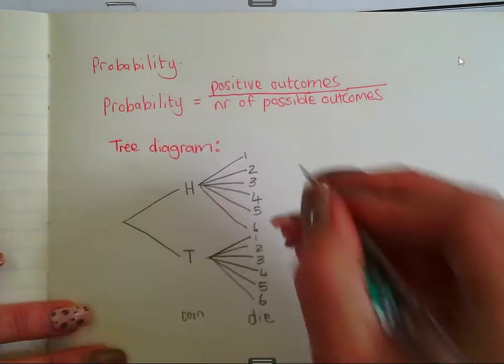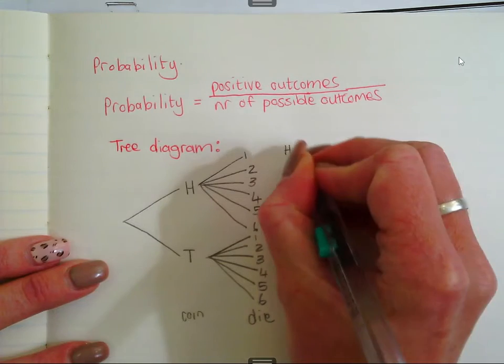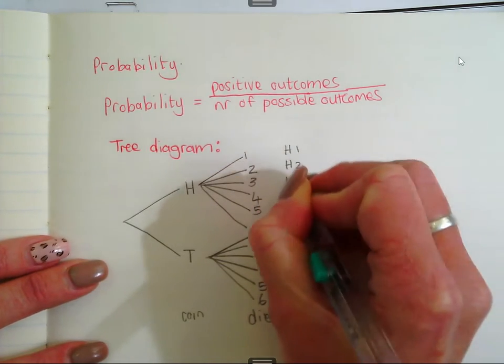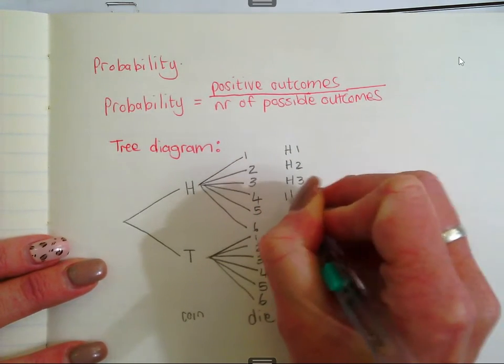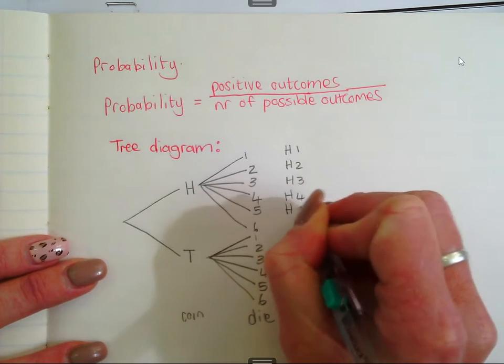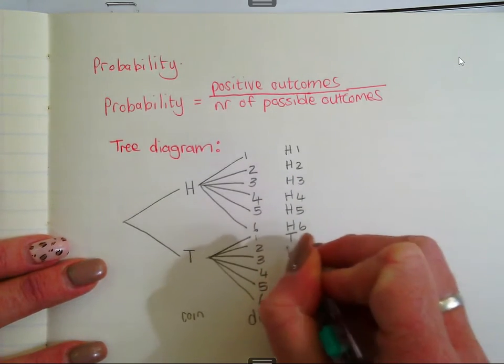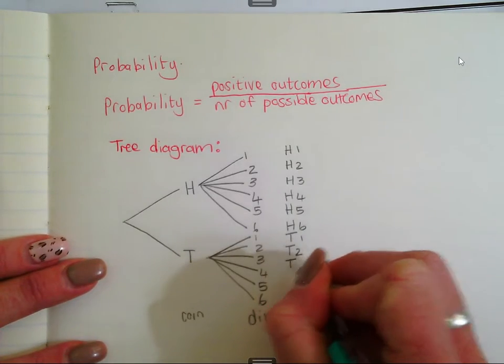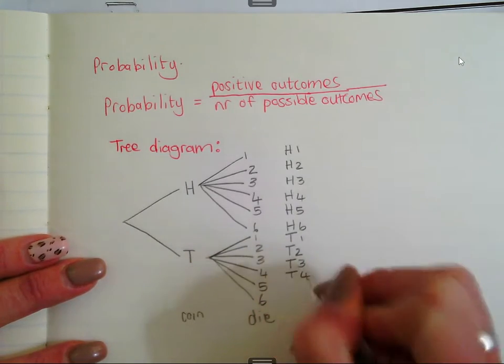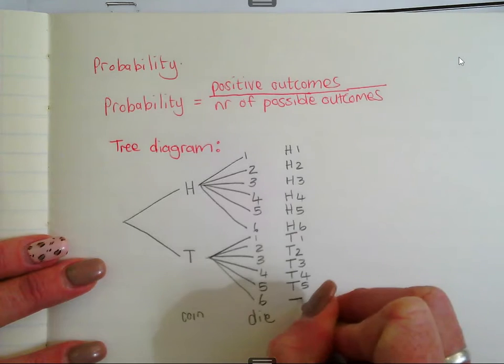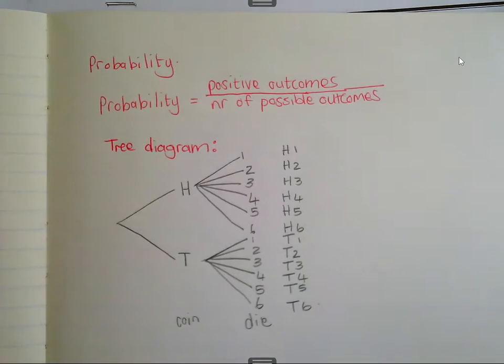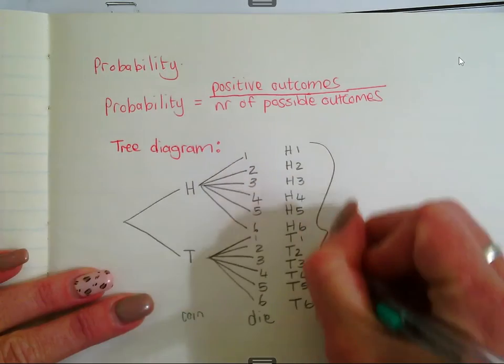So the outcomes I can have here is heads 1, heads 2, heads 3, heads 4, heads 5, heads 6, tail 1, tail 2, tail 3, tail 4, tail 5, tail 6. Okay, so what's the total number of outcomes that I have there? 12 outcomes.